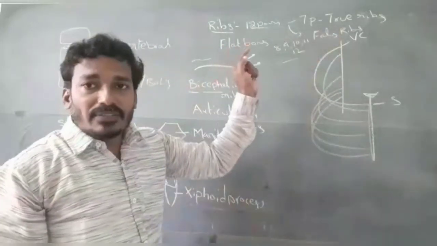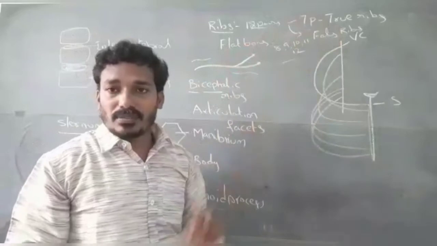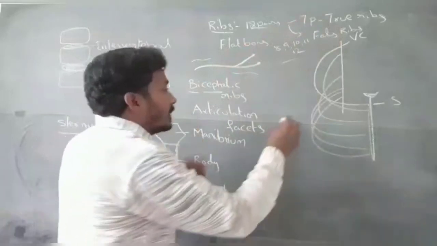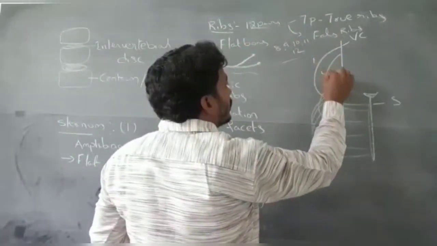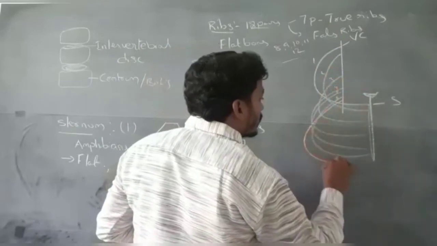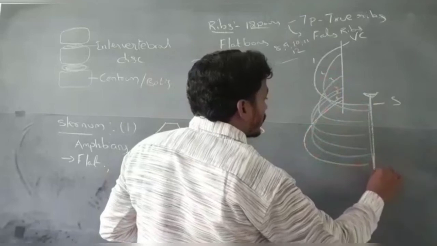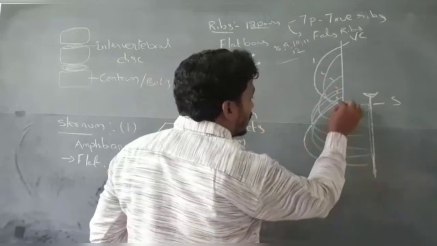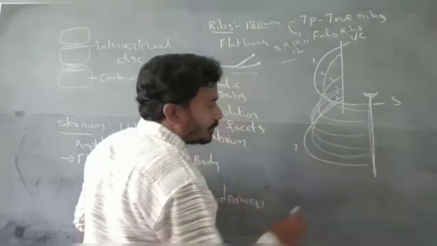The first 1 to 7 pairs of ribs are true ribs. This is the seventh rib.